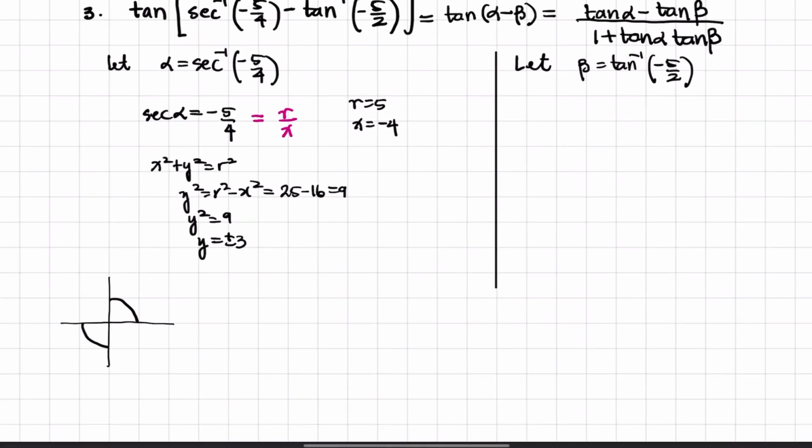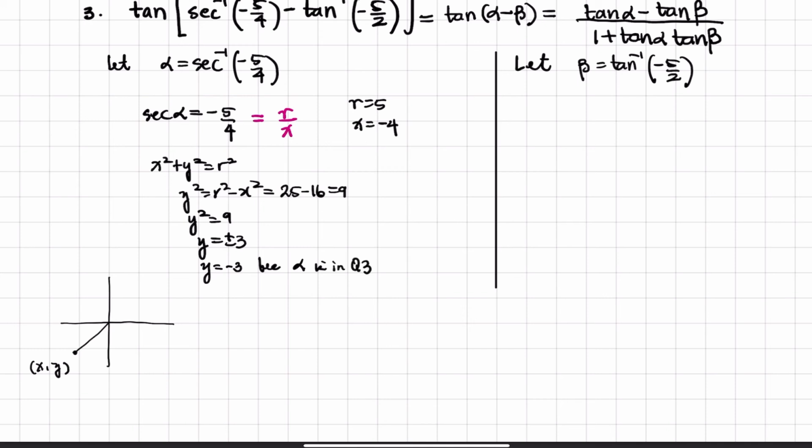Pero, lumabas na x is negative or secant mo is negative. So, by all sinta ko, hindi pwedeng mag-land sa quadrant 1 yung alpha mo. So, mapipilitan siyang nasa quadrant 3. So, yung xy na pinag-uusapan natin, nasa quadrant 3. And in quadrant 3, y is negative. So, y is negative because alpha is in quadrant 3.